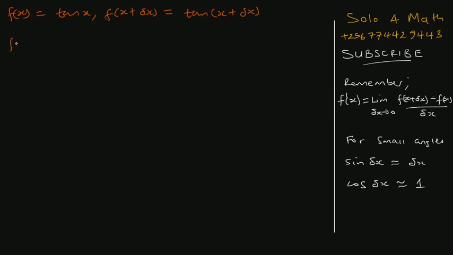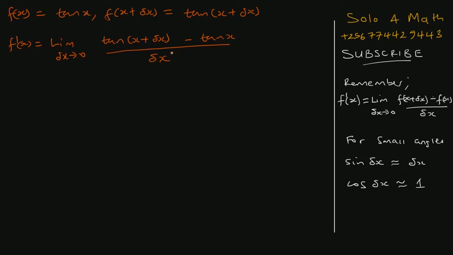So our derivative, we said, is a limit as dx tends to 0 of this, which is tan x plus dx, minus f of x, which is tan x, over dx.